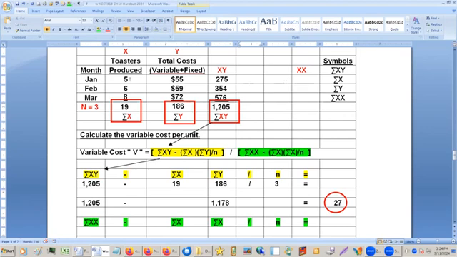X times x, so 5 is your x. This is going to look silly, but I'm going to put it in anyways. So 5 times 5 equals what, 25? 6 times 6 is 36.